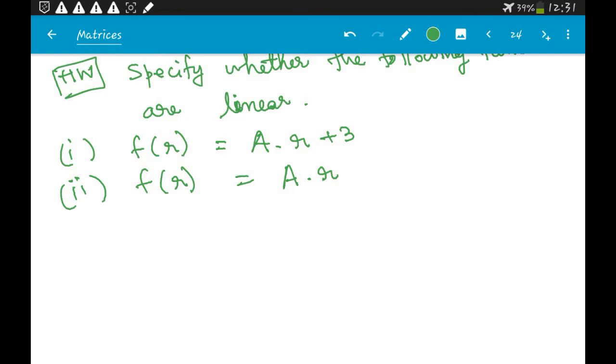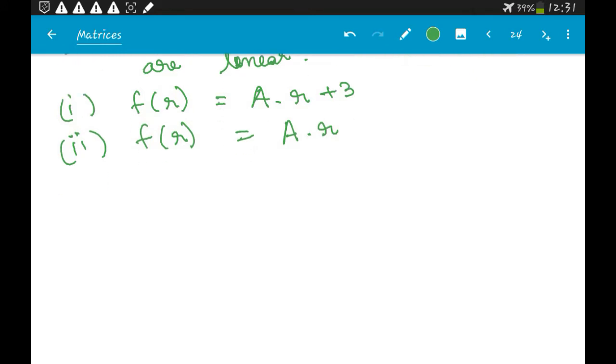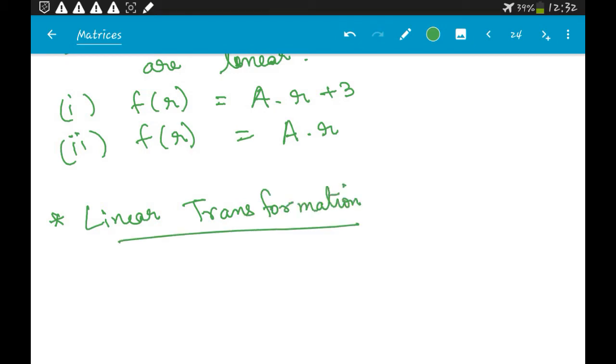Now there is also something known as linear transformation. By linear transformation we mean that if we have some vector x, y, then we can add certain coefficients to the vectors and create a new vector.